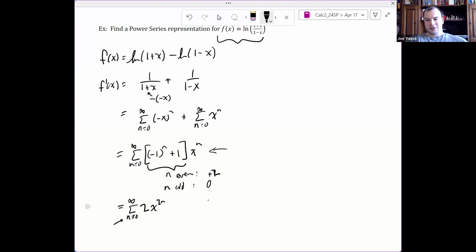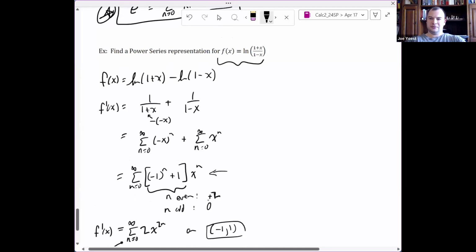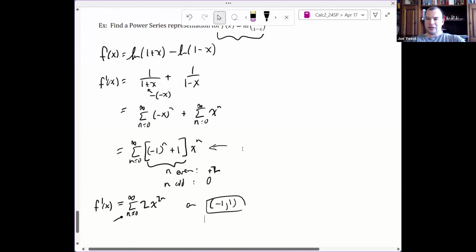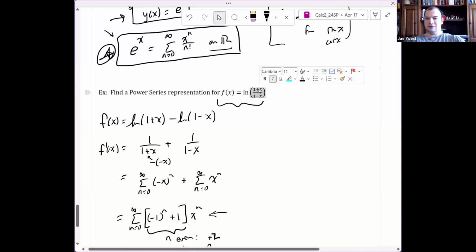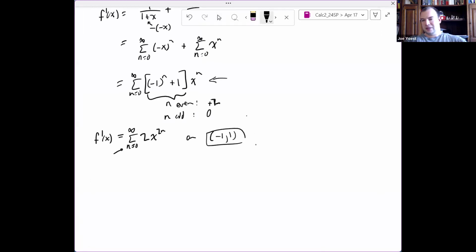And now importantly, this is f prime of x, which is equal to this. This is, of course, on negative 1 to 1. We can't take the log of a negative or divide by 0, so that constraint is clear from the beginning in this case.